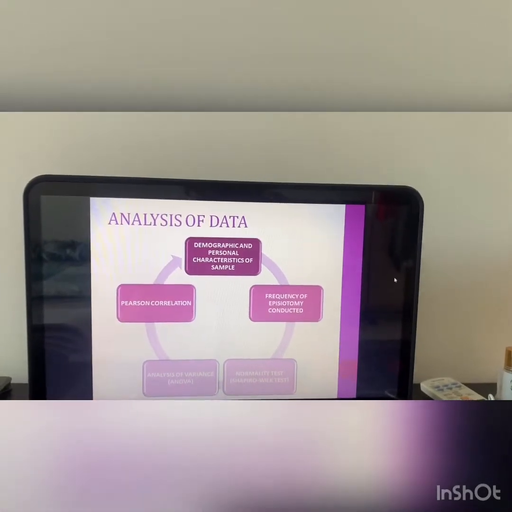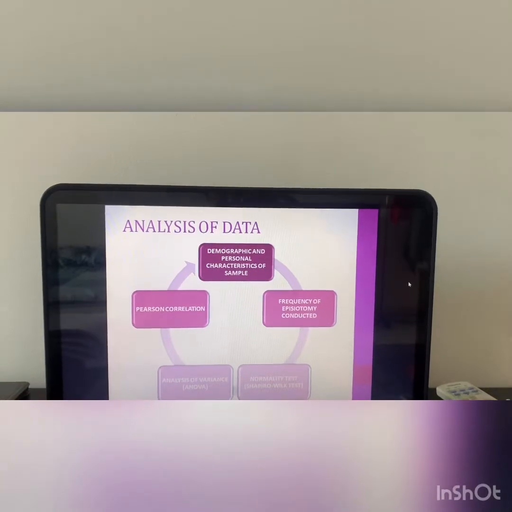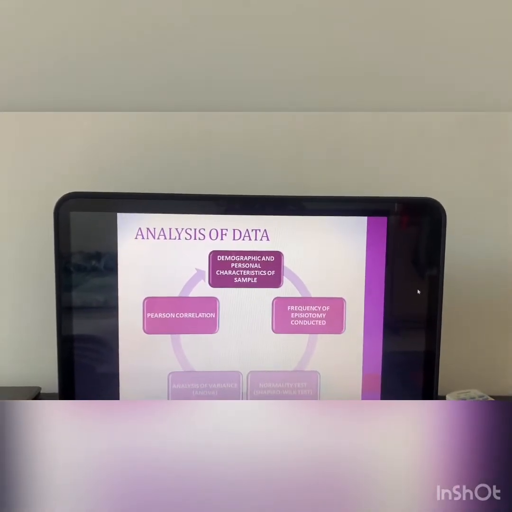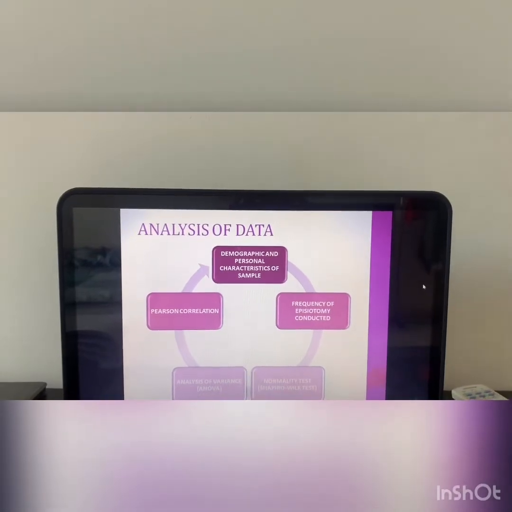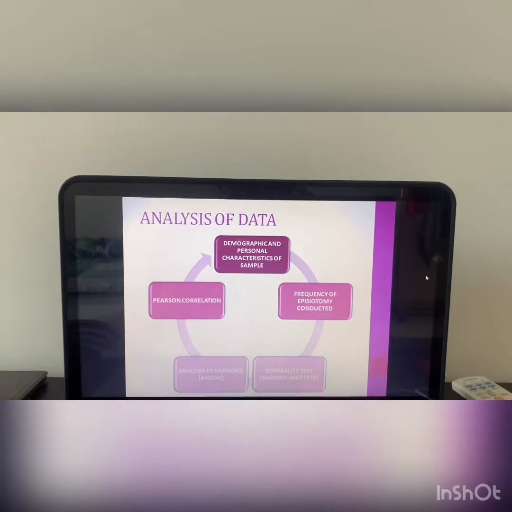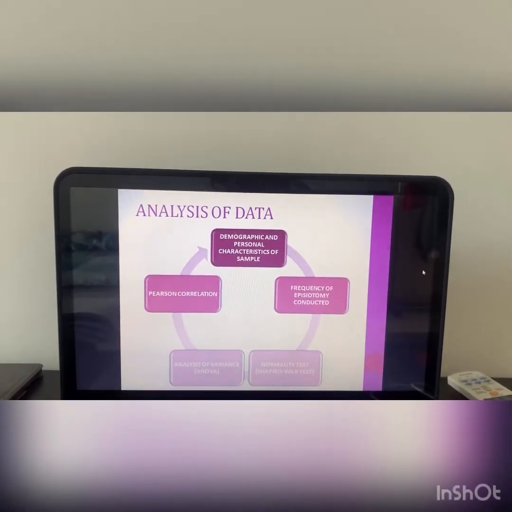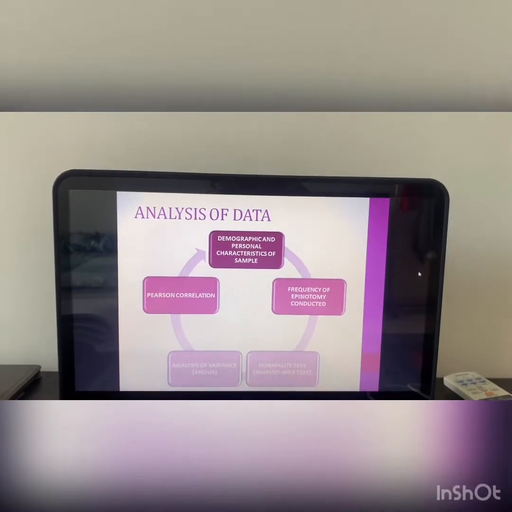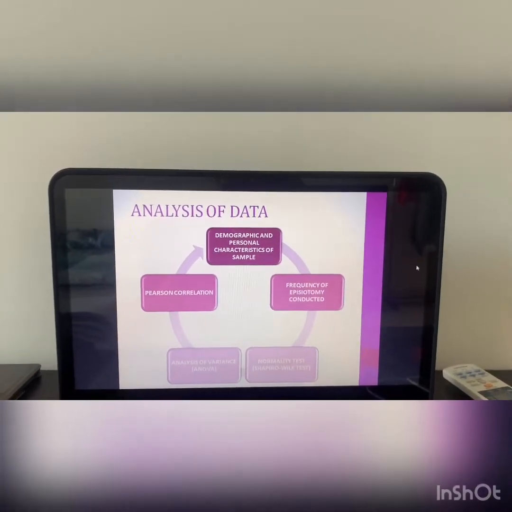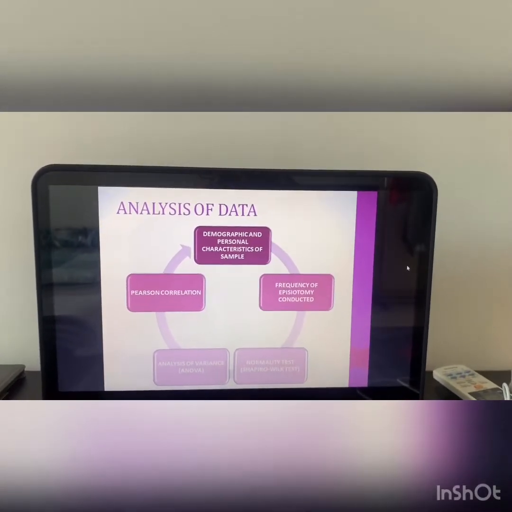As for demographic and personal characteristic of sample, a graphical analysis method is used to analyze the sample which is related to the variables being studied, such as age and parity. The graphical methods used are pie chart and bar chart. The frequency of each category is clearly stated, and the percentage will be calculated.